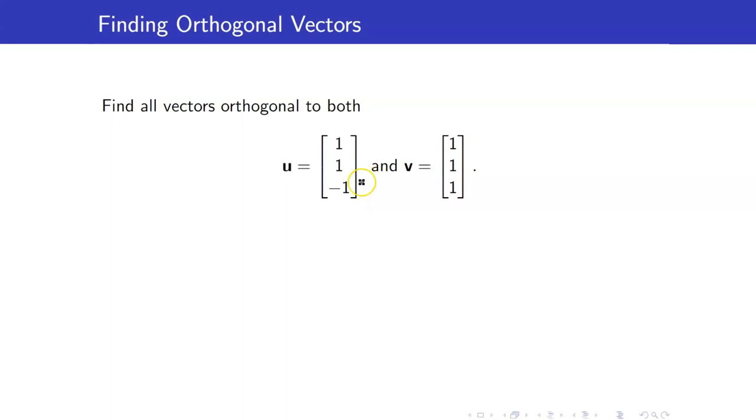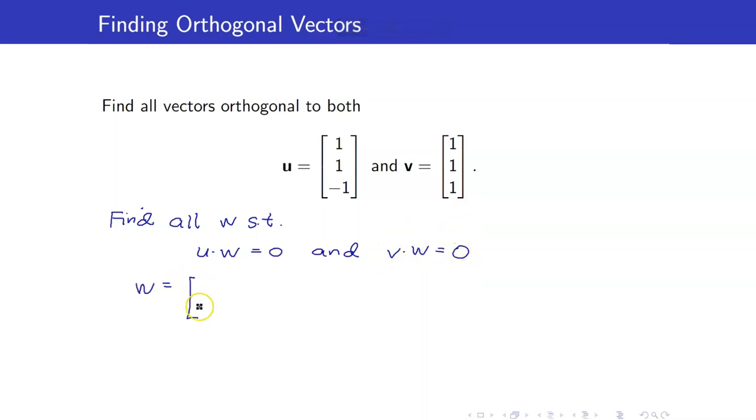For the next example, we want to find all vectors orthogonal to both u and v. What we want to do is to find all w's such that u dot w is equal to 0 and v dot w is equal to 0.